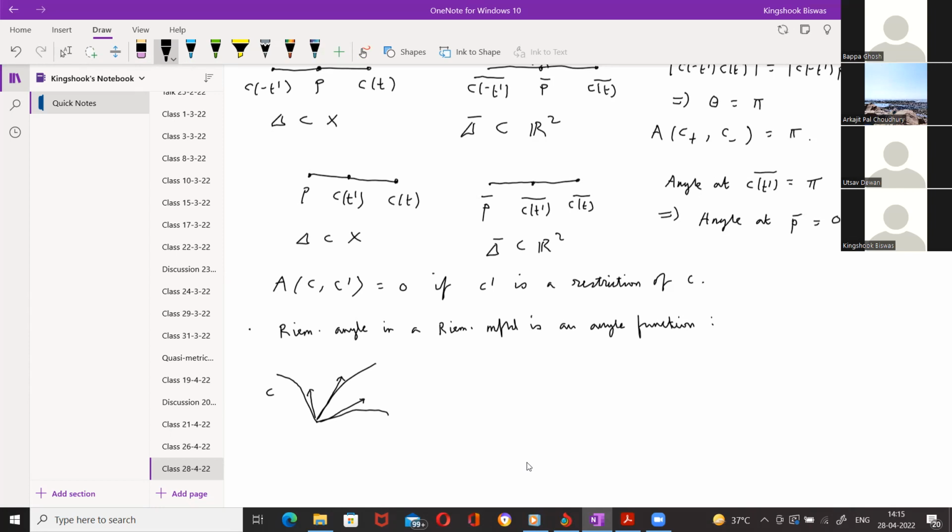So here is V, V prime, and V double prime, and the angle is the same. We can assume these are unit vectors, right?